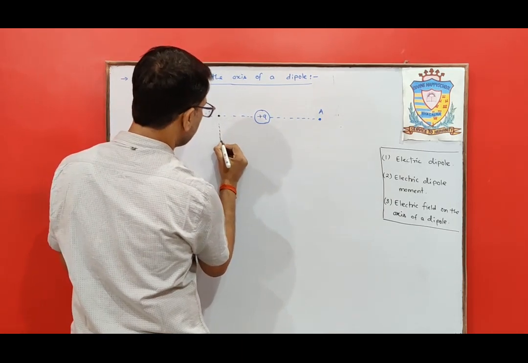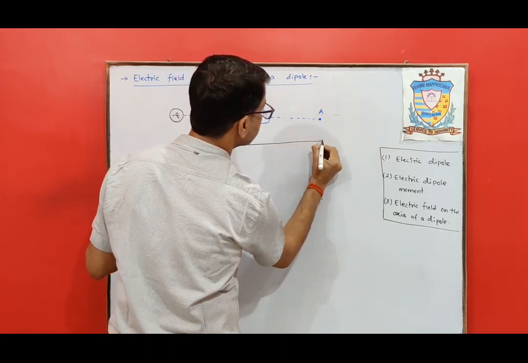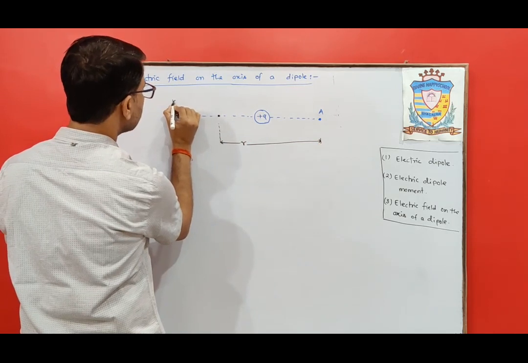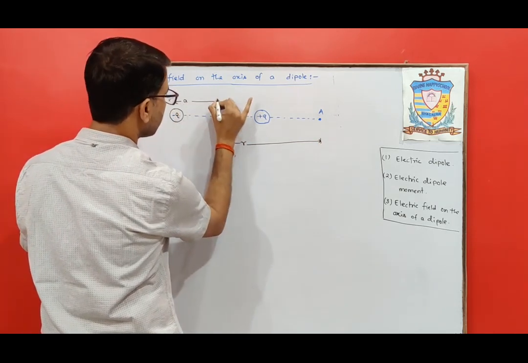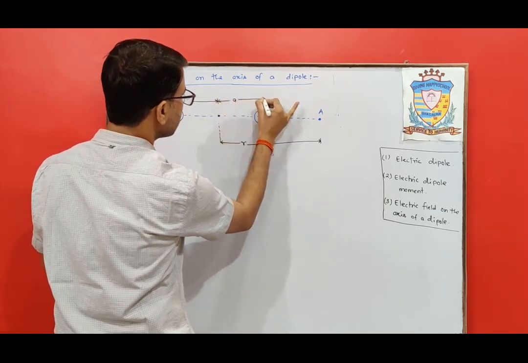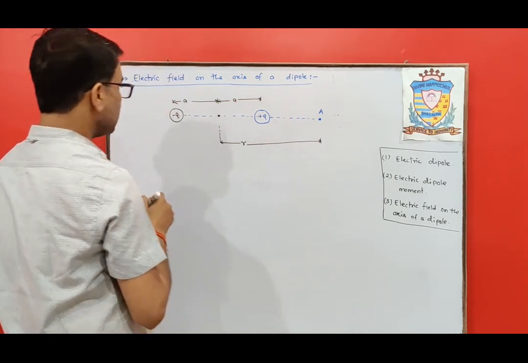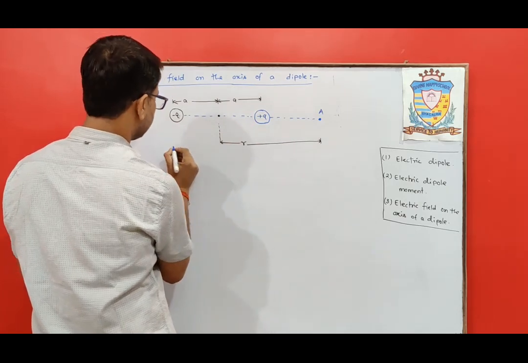So now we will calculate the electric field at point A. From the center, let this distance be r. Here we know that this distance is a, and even this distance is a. So what is the distance from minus q to A?